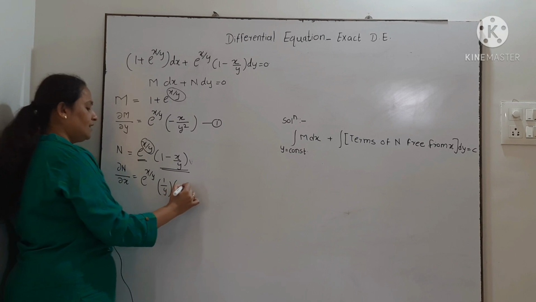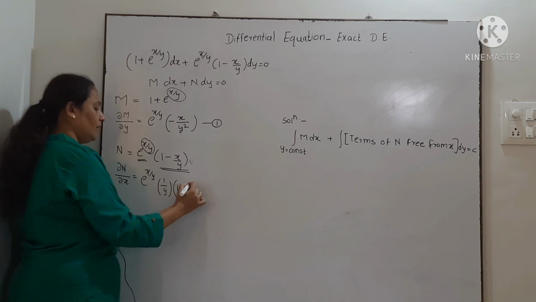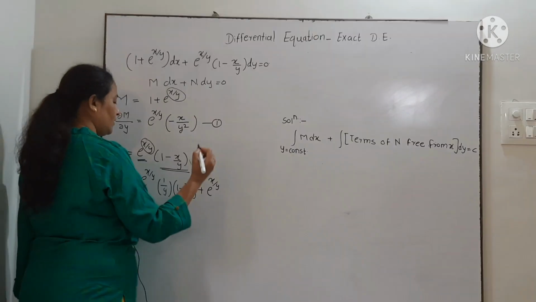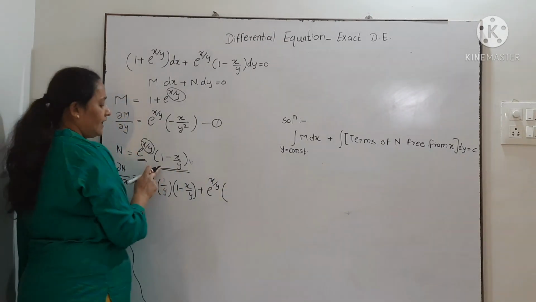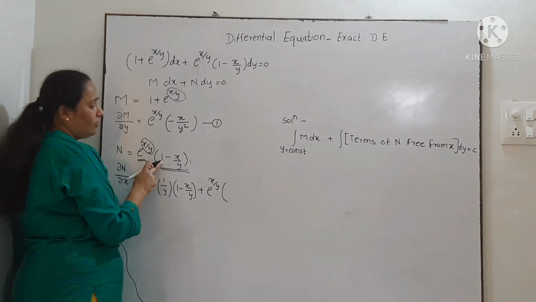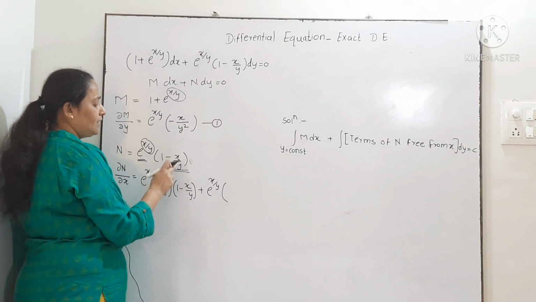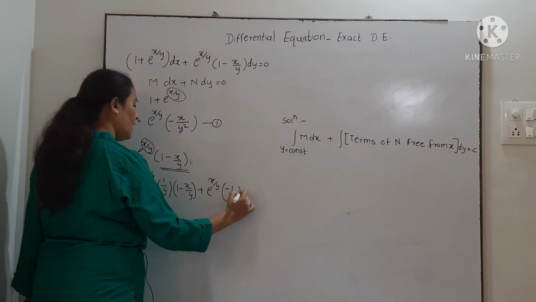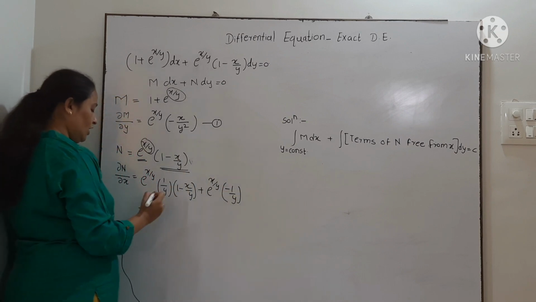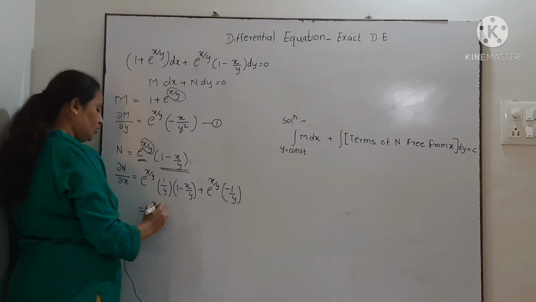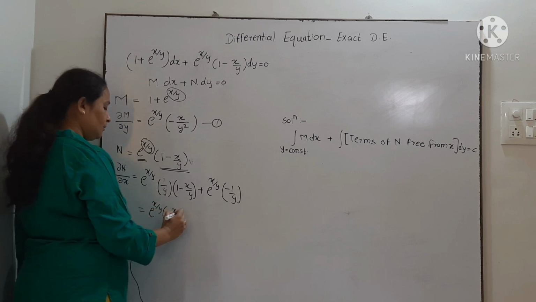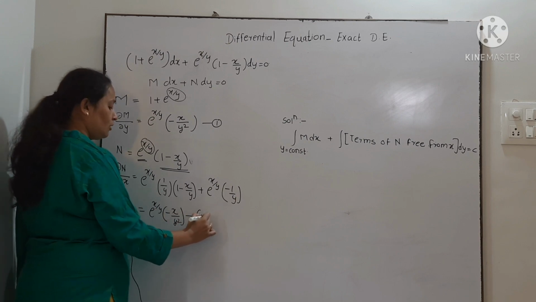Second term as it is, 1 minus x upon y, plus first term as it is, e raised to x upon y as it is. The derivative of the second term: the derivative of 1 is 0, and the derivative of minus x upon y with respect to x will be minus 1 upon y. If you open this bracket, you will get the answer e raised to x upon y, in bracket, minus x upon y square. One term will get cancelled. So this is equation number 2.